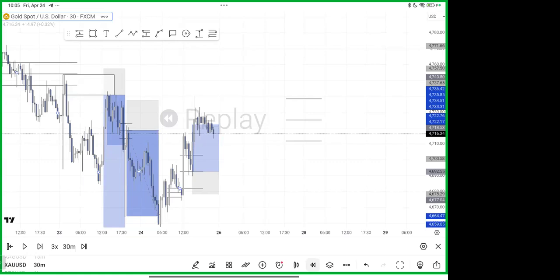So for structure, if you have a bullish fair value gap and price mitigates the entry, the next high is supposed to be your take profit.